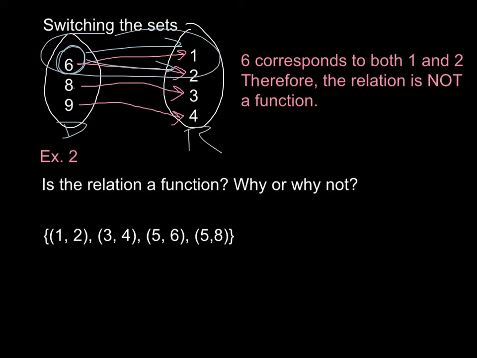So the fact that 6 in the domain goes two different places in the range tells me that this is not a function. It is not one-to-one. I have one value in the domain going to two values in the range, which means this is not a function. It is still a relation, it is just not a function.